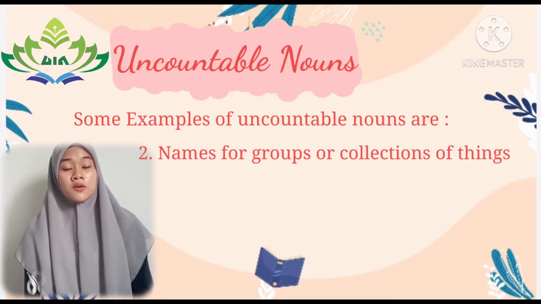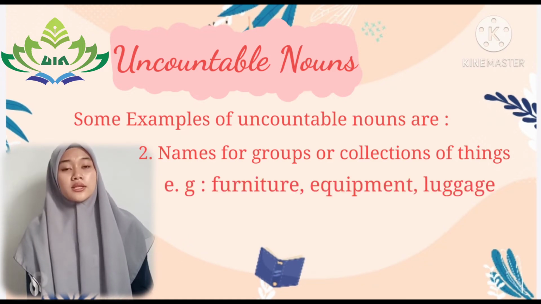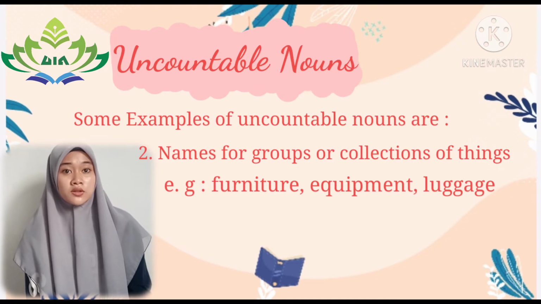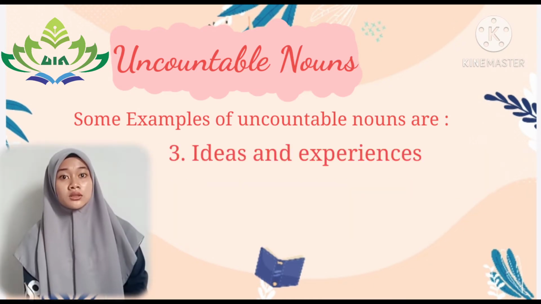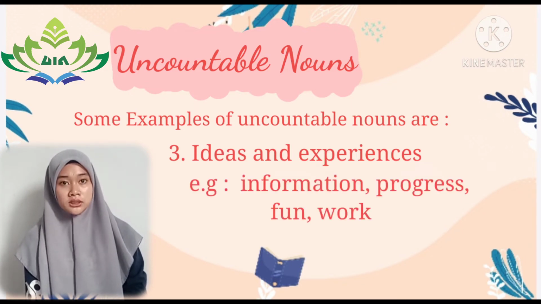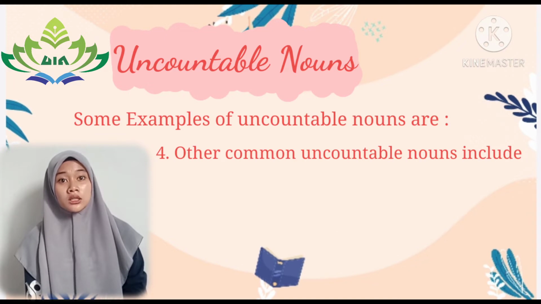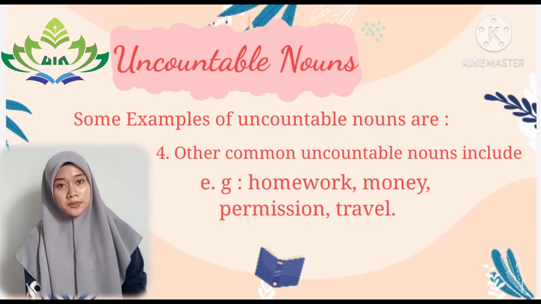Second, names for a group or collection of things. Example: furniture, equipment, language. Third, ideas and experiences. Example: information, progress, fun, and work. Fourth, other common uncountable nouns include. Example: homework, money, information, travel.